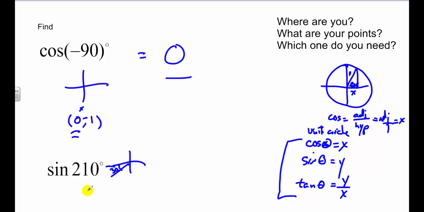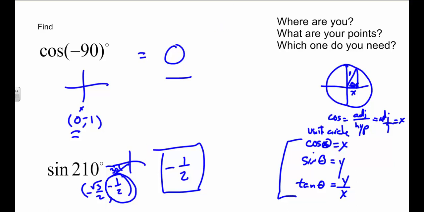My x and y coordinates for 30 degrees are root 3 over 2 and a half. But since I'm in the third quadrant, they're both negative. And I'm asked for the sine value. So when I'm talking about a sine value, I want the y value. Therefore, the sine of 210 degrees is just negative half.